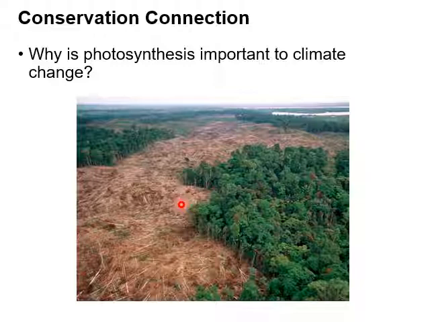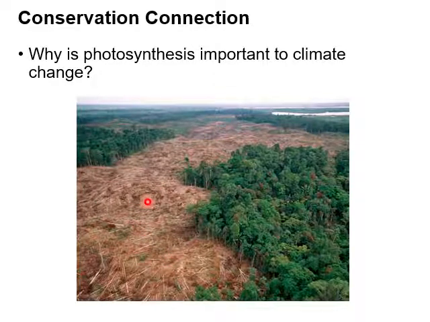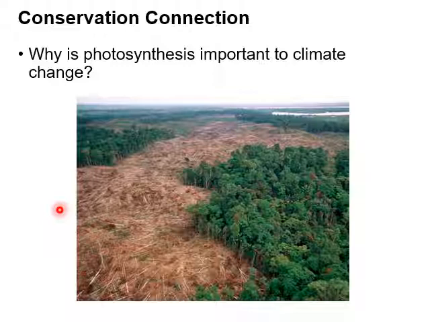So all various things that photosynthesize are helping us with climate change, which is why scenes like this are really sad, because obviously there was a continuous set of forest along here with all these trees that were sucking up carbon dioxide and helping with climate change, but now they're not there anymore, right? So things like deforestation are really bad because those plants are really useful for combating climate change.